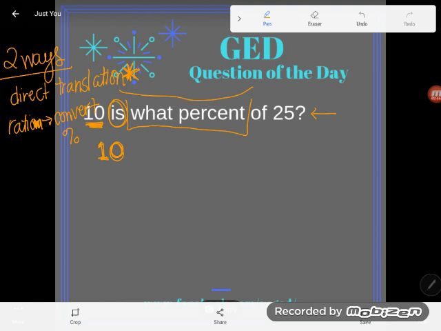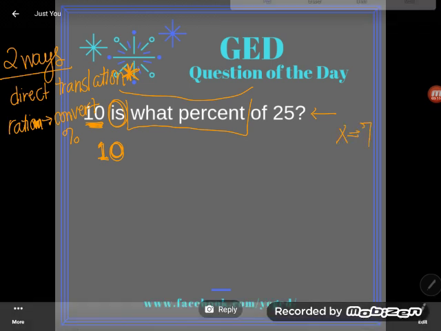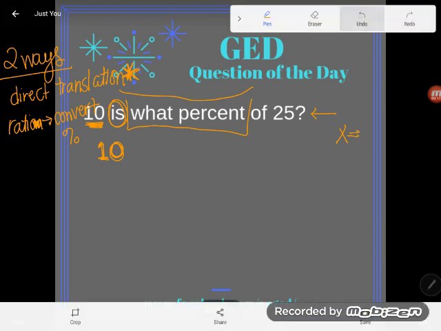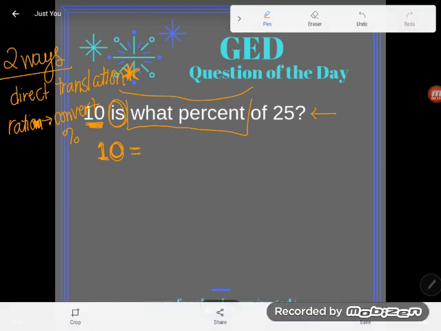If I say something is something else, like Kate is a girl, in math we translate that to an equal sign. Or like X is 7. Mathematicians would write X equals 7. So the word is gives me an equal sign. So 10 is, I'm going to put that right there.